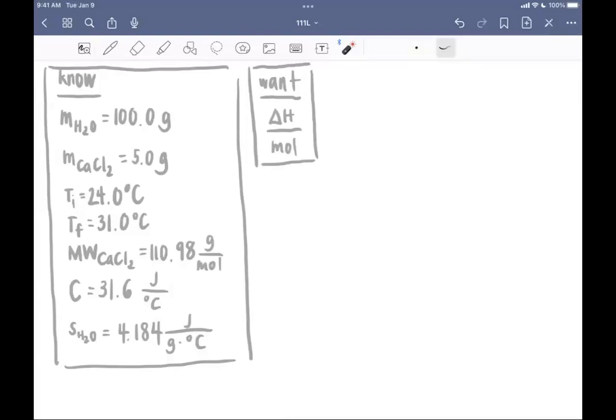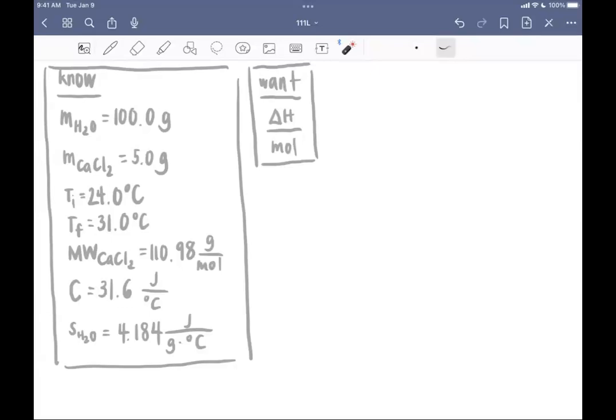And you monitored the temperature of the water before adding the calcium chloride, and upon adding the calcium chloride, you watched until the temperature stopped changing and recorded that steady value. So those are representing our initial before you added calcium chloride and final once it stopped changing upon addition of calcium chloride.